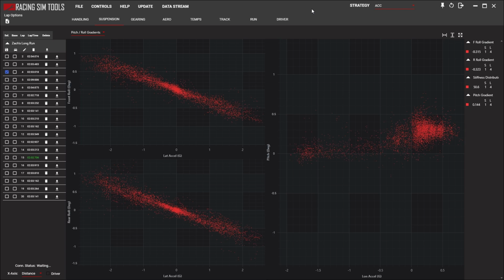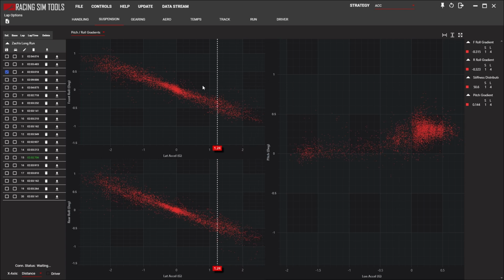I'll go back on track, and typically my rear roll gradient will be lower now because I added some stiffness, right? So then I'll reduce the rear ARB until the roll gradient comes back to where it was before I made that spring adjustment. And that's how I can use roll gradients, basically to increase the longitudinal stiffness while keeping the lateral stiffness where it's at.